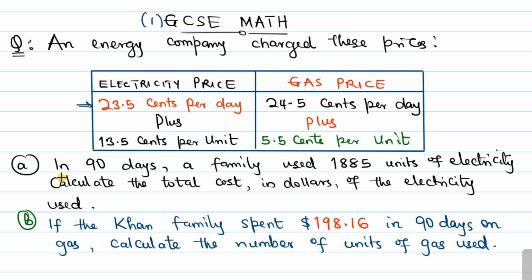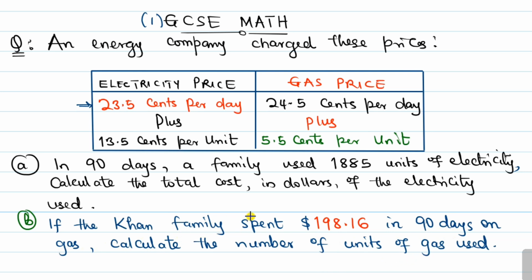So here is the question. It says in 90 days a family used 1,885 units of electricity, and we are asked to calculate the total cost in dollars of the electricity they used. And the B part: if the Khan family spent $198.16 in the same 90 days on gas, calculate the number of units of gas they used.